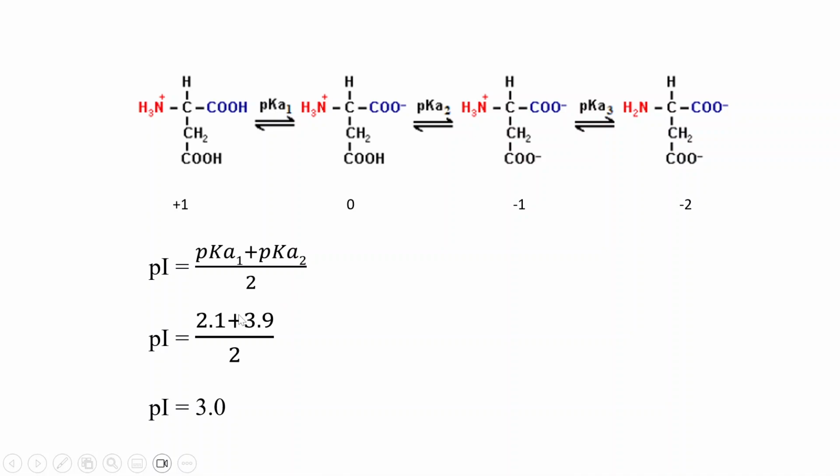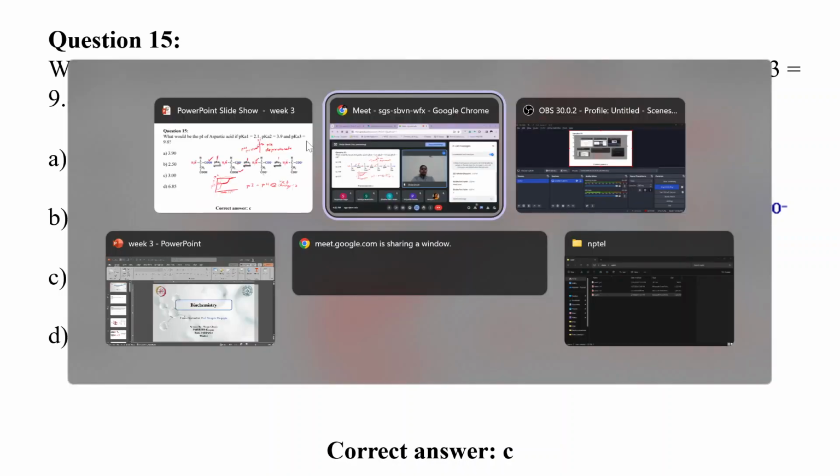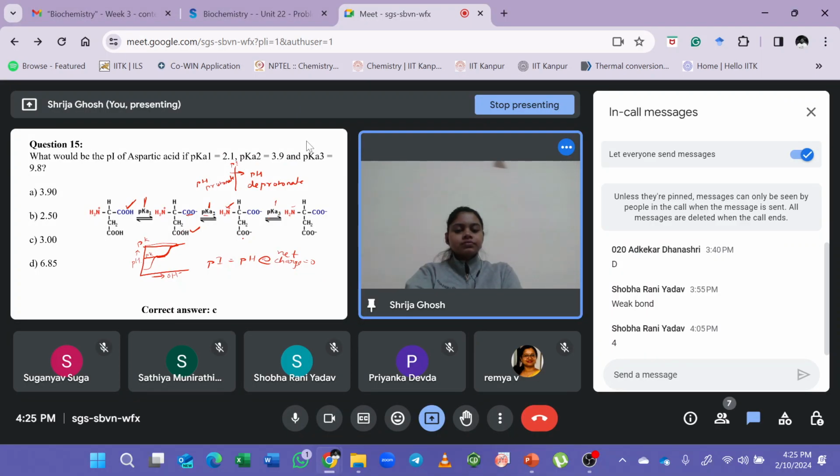So 2.1 plus 3.9 divided by 2. 2.1 plus 3.9 is 6, and 6 divided by 2 is 3. So the correct answer is C, option C. 3 is the correct answer. 3 will be the pI of aspartic acid. Is that clear? Is that clear to everyone?